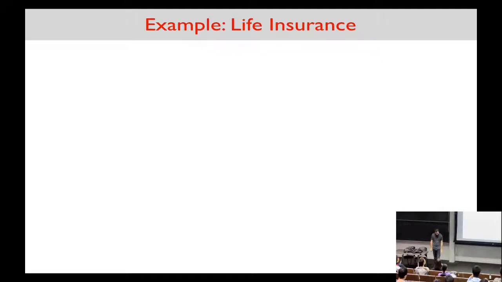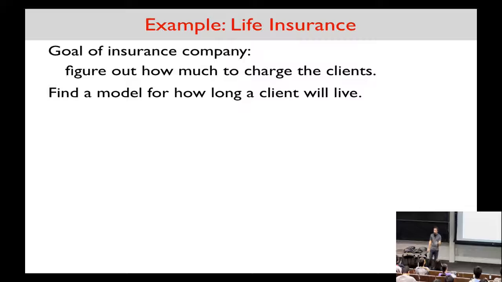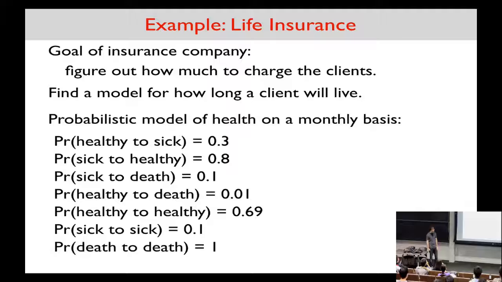Here's another example: life insurance companies. They want to figure out what amount to charge you. To do that, they need some kind of model of how long you're going to live, so that they can decide how much to charge you. This can perhaps be modeled with a Markov chain.